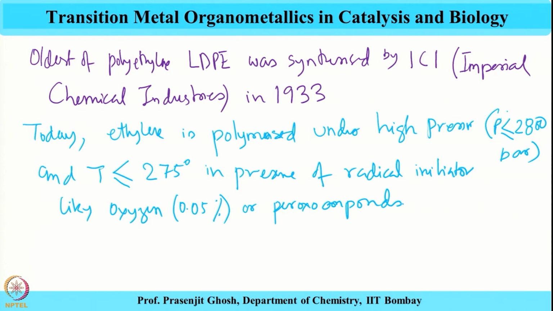Now, one of the main limitations of a radical process is that this radical process is uncontrolled, usually goes without control, and as a result there is a lot of chain transfer leading to chain branching and short chains appearing in the polymer backbone. As a result this low density polyethylene has poor crystallinity and flexible long side chains.